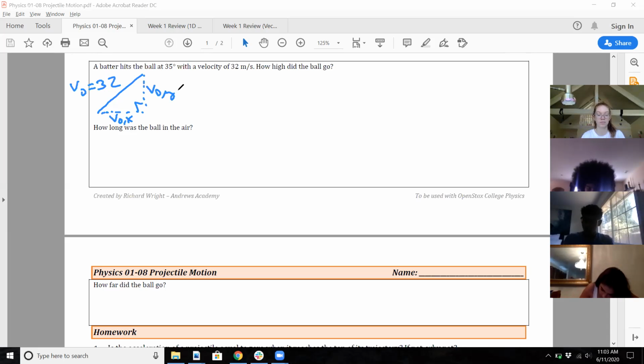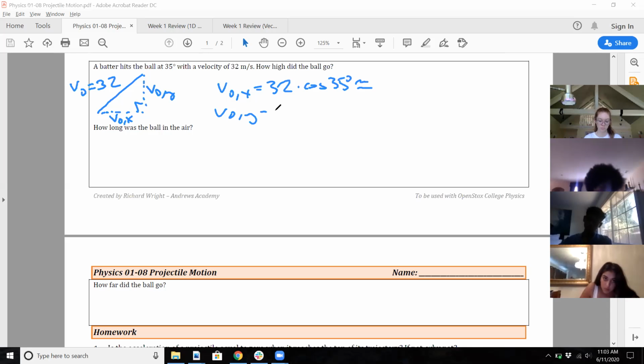So I want to find initial velocity in the x direction, initial velocity in the y direction. So the initial velocity in the x direction is going to be 32 times cosine of 35 degrees. In the y direction, remember, we're always using sine, so 32 times sine.